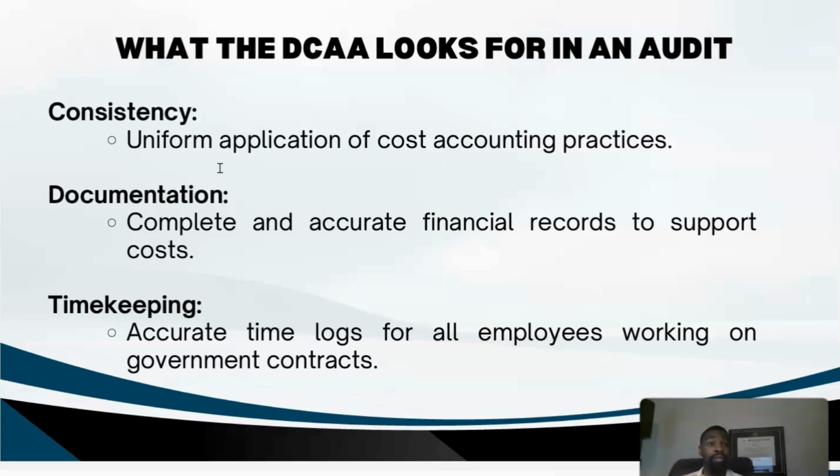And then timekeeping. So in government contracting, especially if you're in a very labor-intensive contract, you want to make sure you have some timekeeping system put in place to track the work type and also the project type, so we can allocate this cost to the contract for you, because you may have 5 different contracts you're working on.